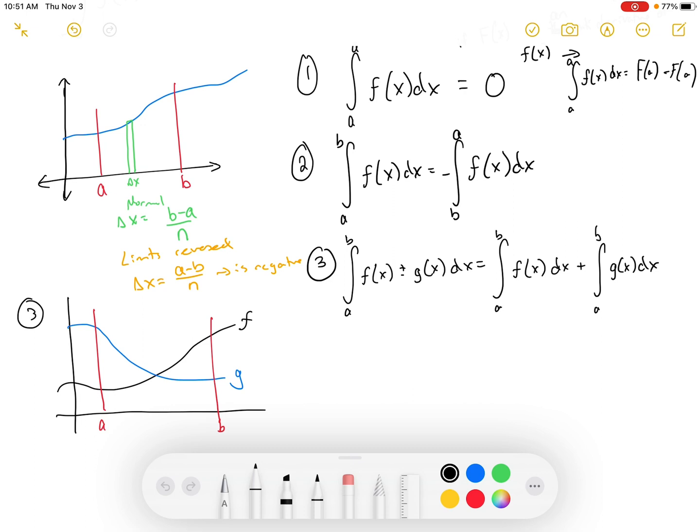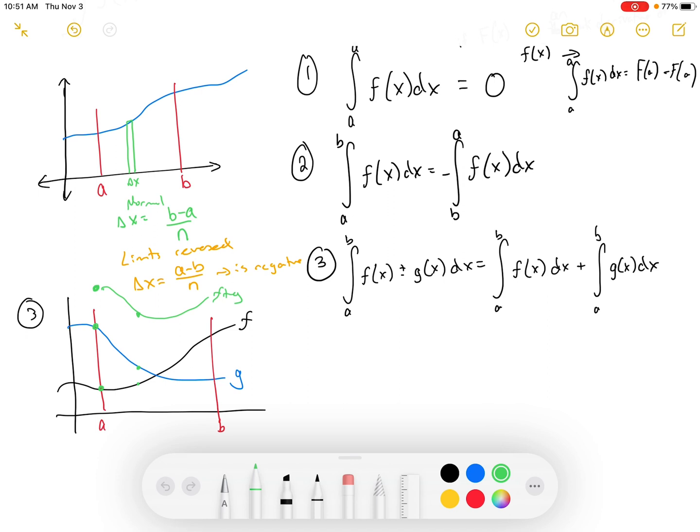F plus g would maybe come down a little bit and then we go back up. I would take the value here plus the value here and get this thing. This would be the sum of these two guys. Okay, so that's what f plus g would look like.